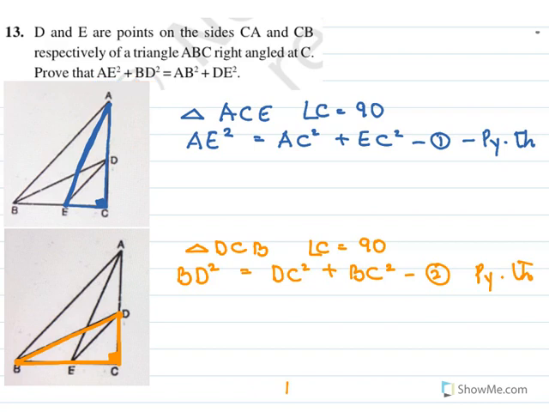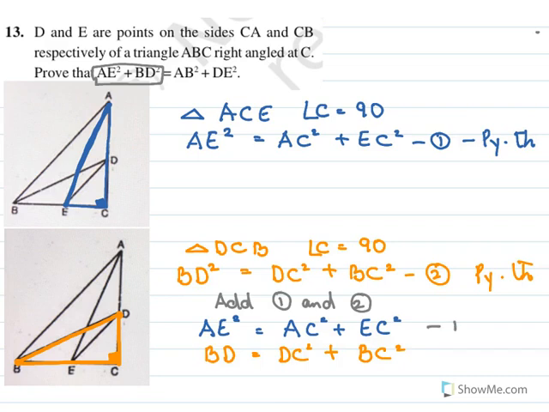Now that we have found out AE and BD, the next step is to add up AE square and BD square. So we need to add equation 1 and 2. So here is equation 1, this is equation 2, and we go ahead and add it up.